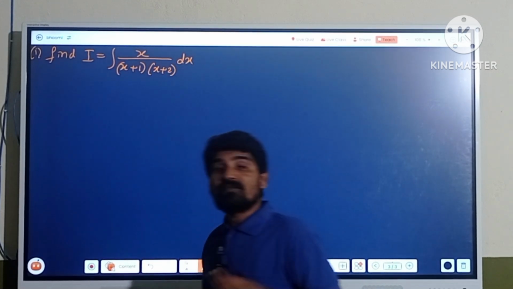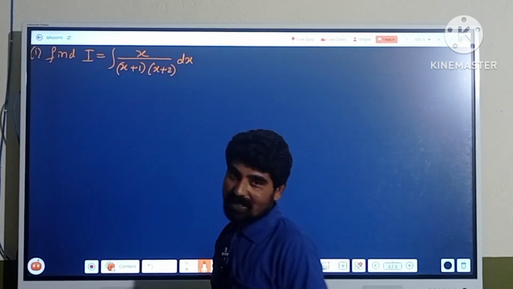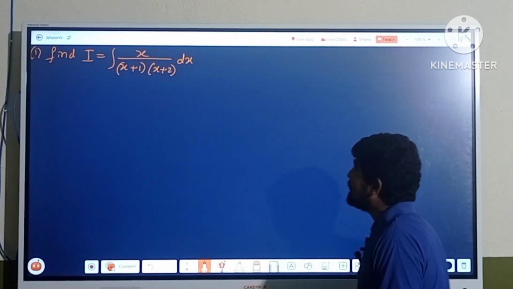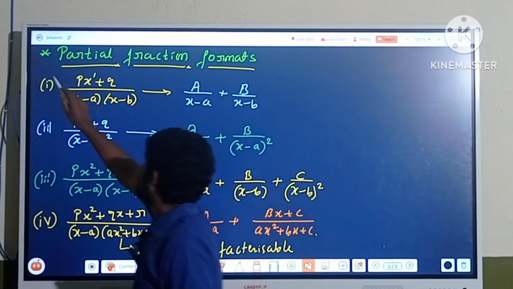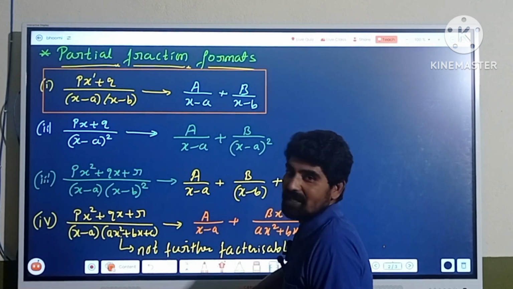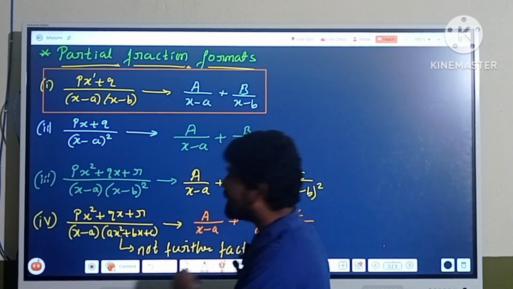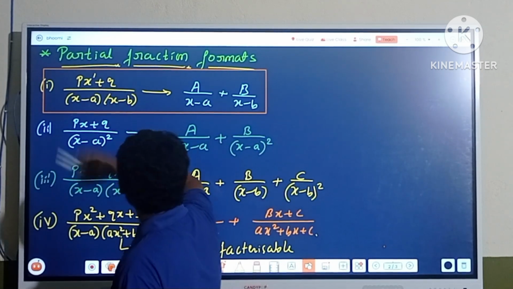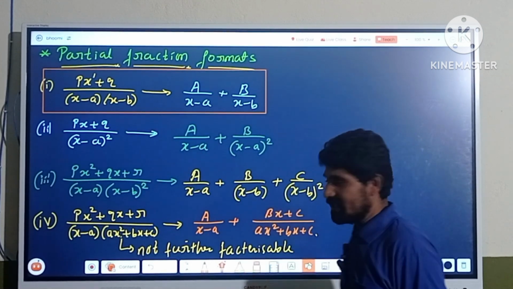Now we need to observe the format also. Format: the denominator consists of two linear factors and they are different, so it is of the form px plus q divided by (x minus a) into (x minus b), because the denominator consists of linear factors and they are different from each other. So if the rational function is in this form, then it can be expressed as A divided by one of the factors plus B divided by the other factor.